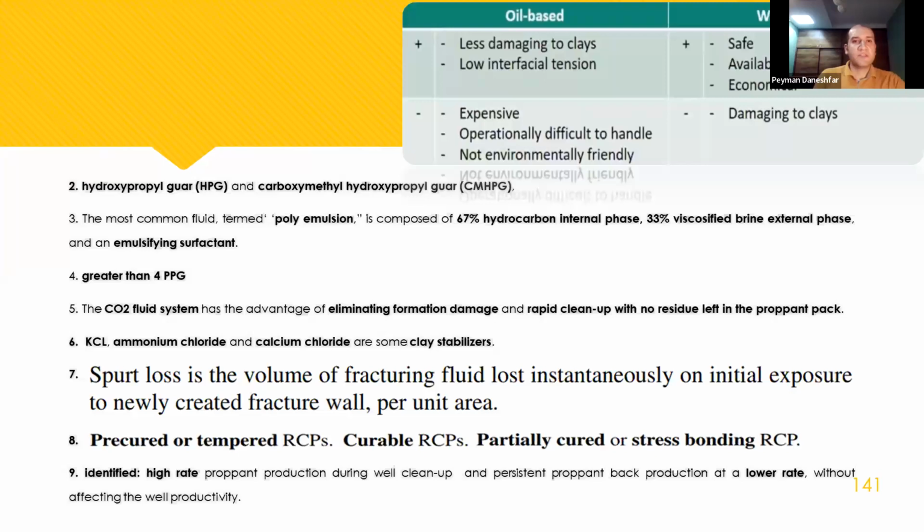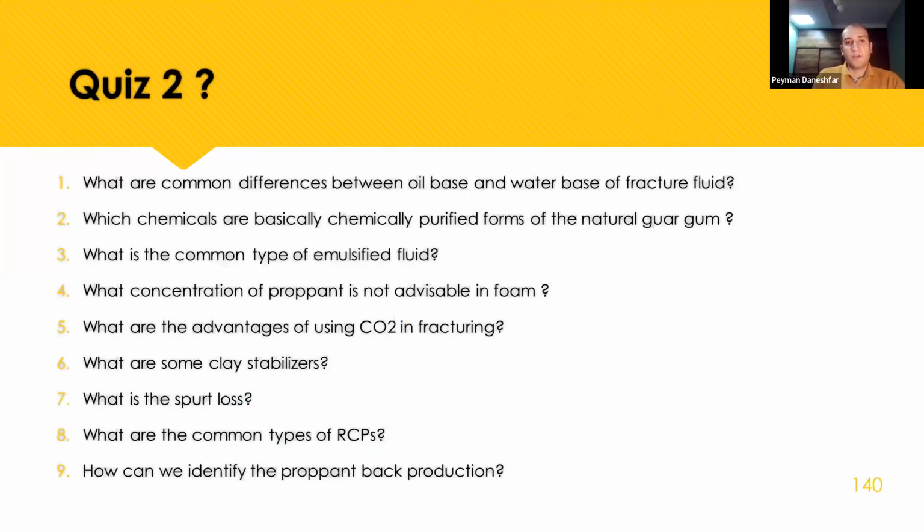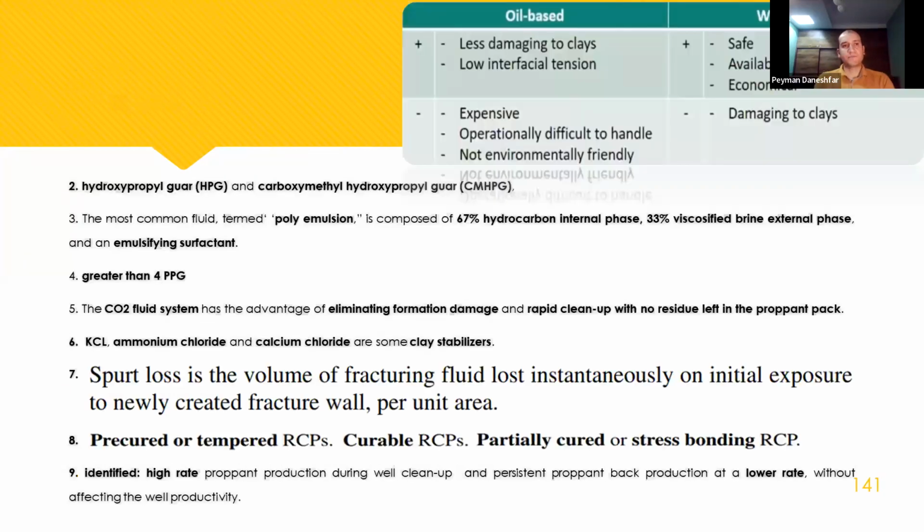Interpretation conditions: expensive, operationally difficult to handle, not environmentally friendly, water-based, safe, available, economical, and damaging to clays. Which chemicals are basically chemically purified forms of the natural guar gum? They are hydroxypropyl guar, HPG, and carboxymethyl hydroxypropyl guar, CMHPG.